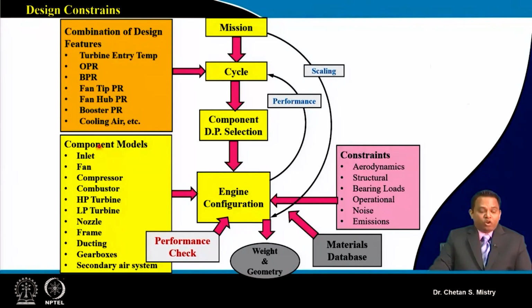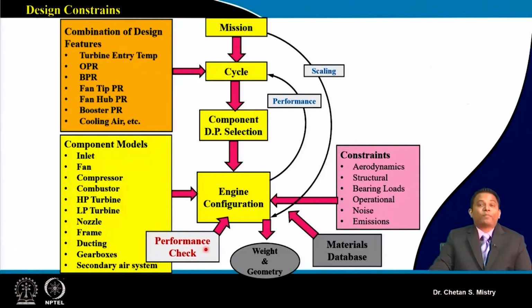Now when we incorporate all these components, we check the weight of my engine. We check whether it meets the geometrical constraints given by the aircraft manufacturing company. Is it meeting this requirement? If not, then again we need to go with reiteration.